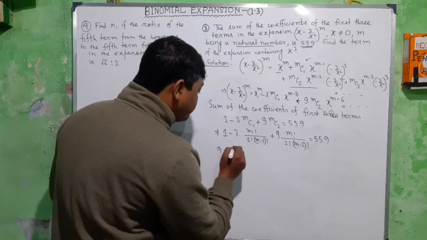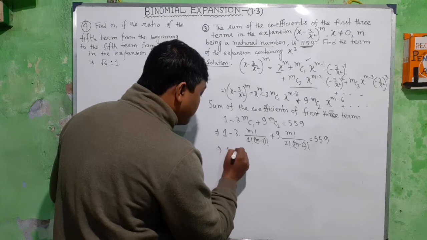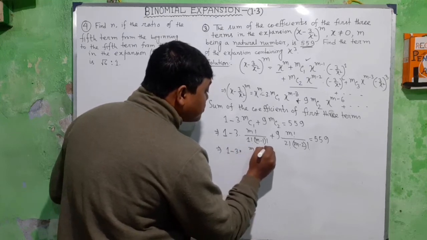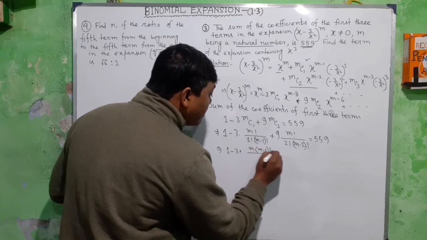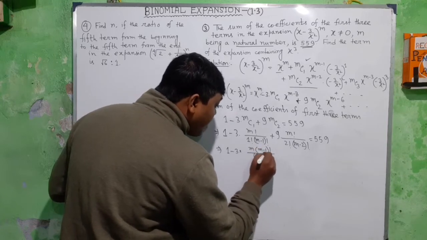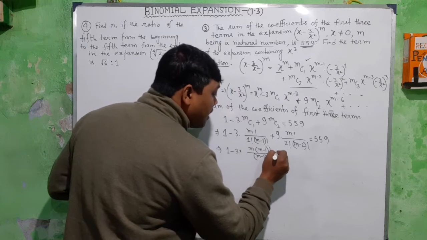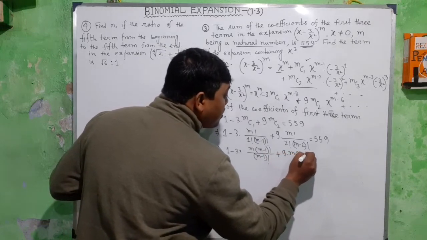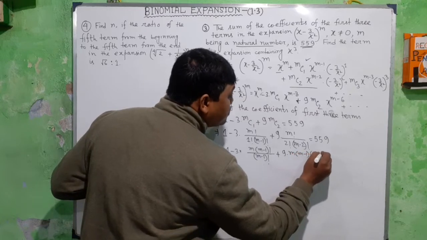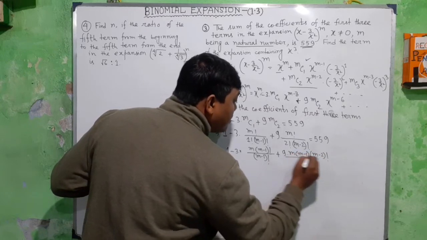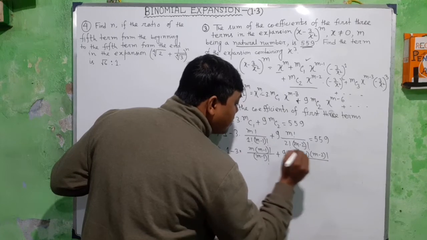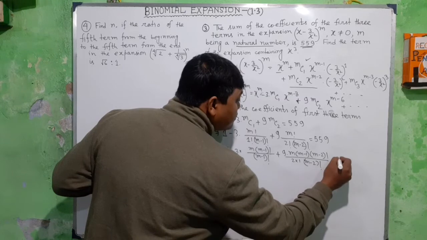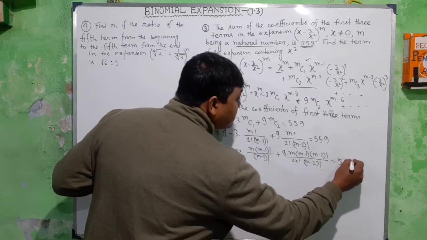So now, 1 minus 3 into m into (m minus 1) factorial by (m minus 1) factorial, and plus 9 into m into (m minus 1) into (m minus 2) factorial by 2 into 1 into (m minus 2) factorial equals 559.